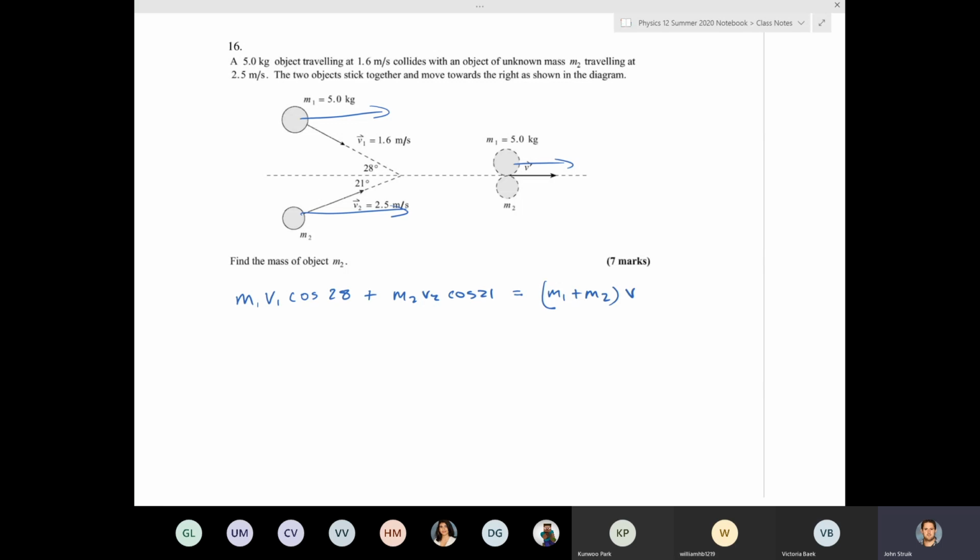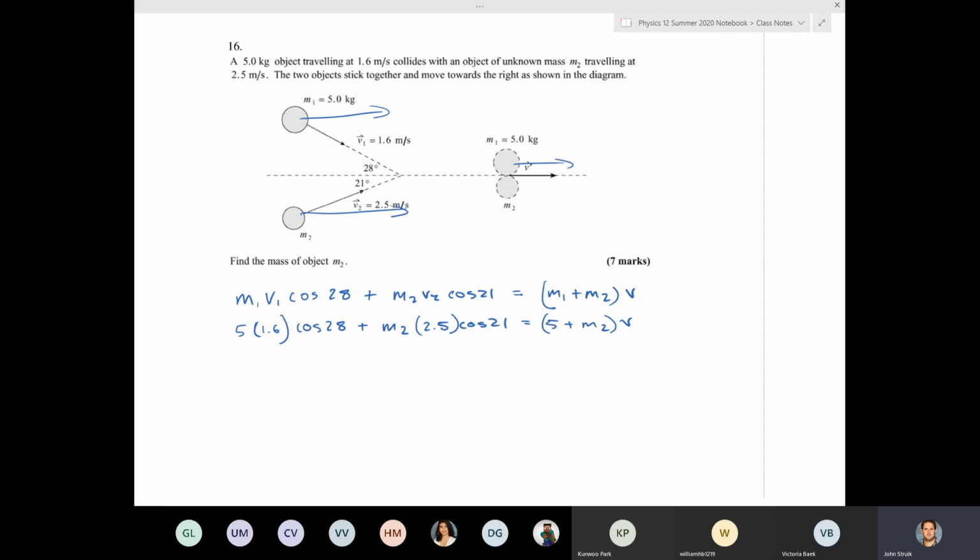Let me see how many unknowns I have. Okay. So then I can start plugging stuff in. So 5 times 1.6 times cos 28 plus m2 times 2.5 cos 21 equals 5 plus m2 times v. And then I'm going to solve this as far as I can go.